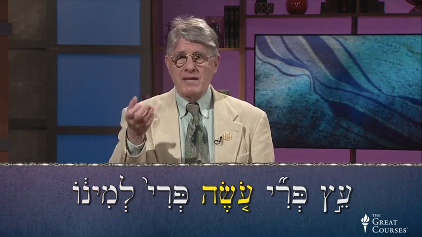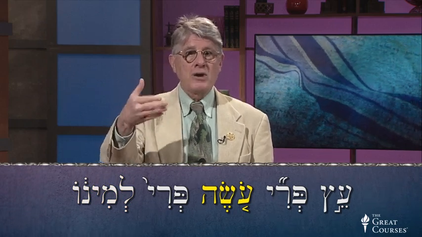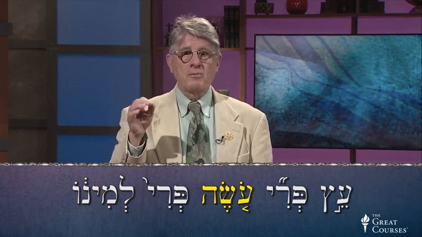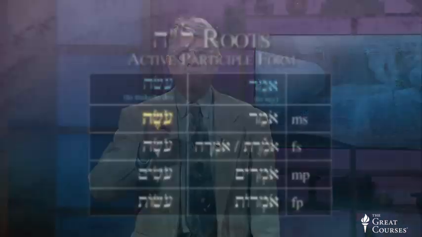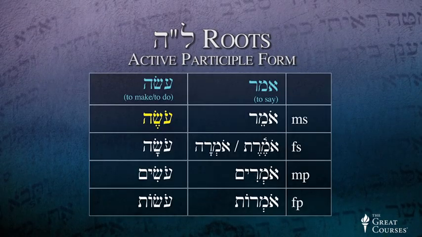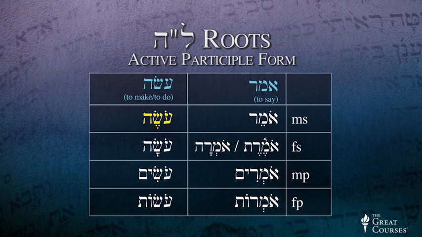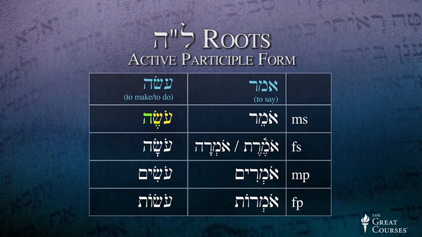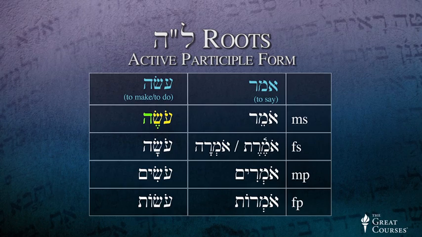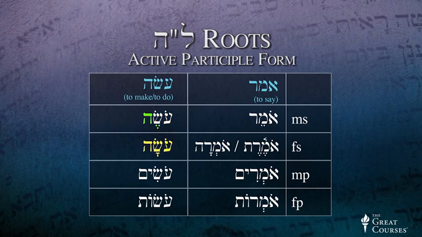Oseh is the masculine singular kal participle from the verb asa, to make or to do. And in all of these cases, just like with yafeh, we would drop the eh ending before adding the others. So it's oseh, osa, osim, and osot.